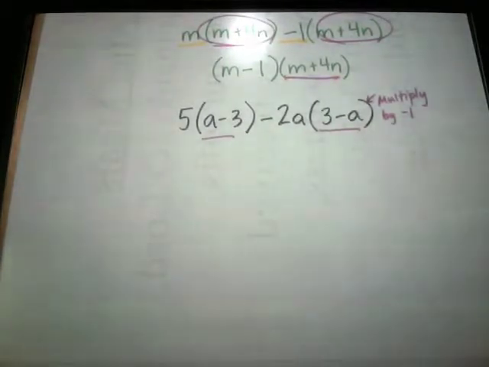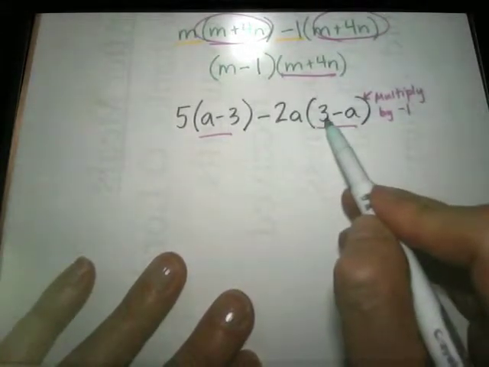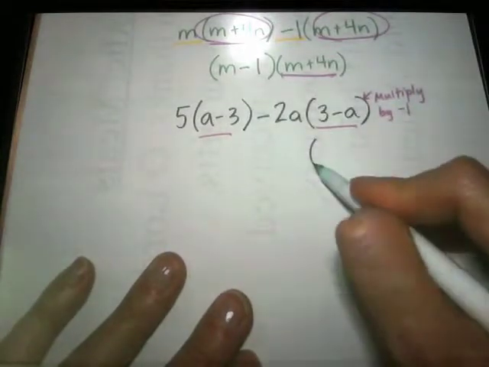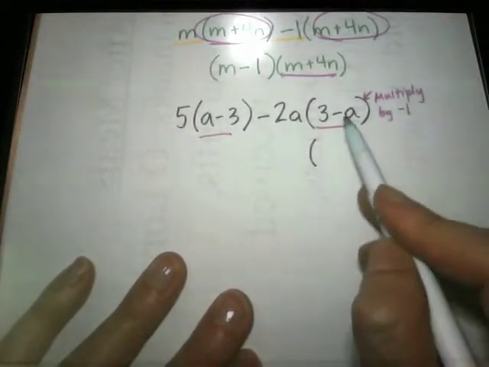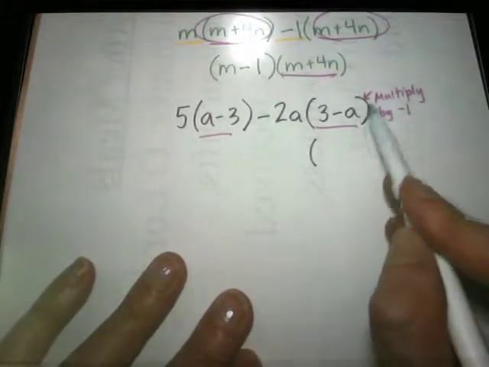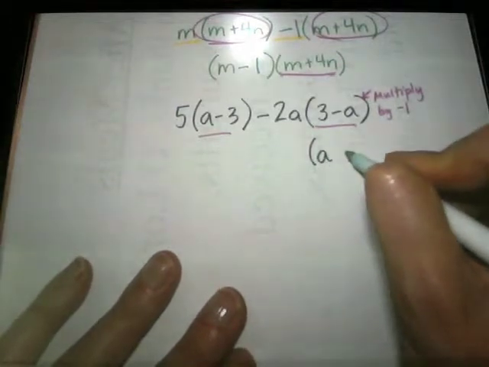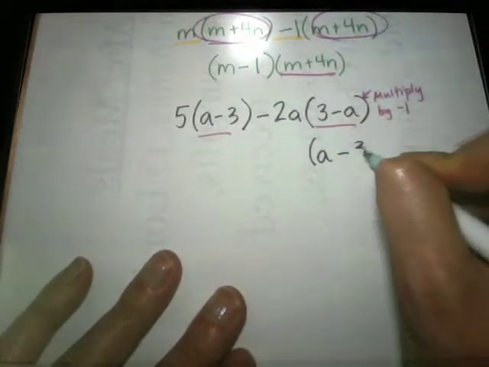we can multiply one of them by negative 1. Now let's think about what happens if we do that. The numbers won't change, but the signs will. If I multiply 3 times negative 1, I get negative 3. If I multiply negative a times negative 1, it becomes positive. Negative times negative becomes a positive. So it changes this.